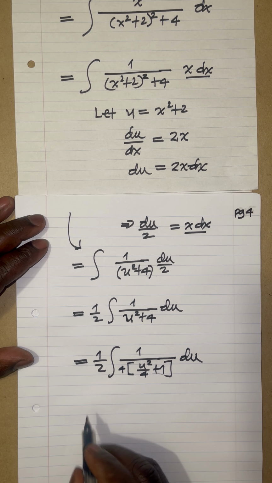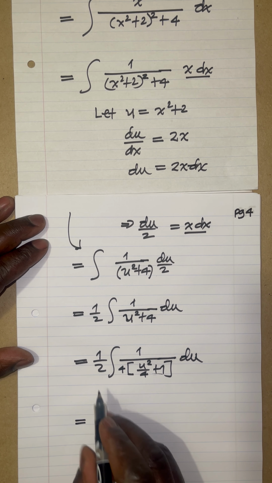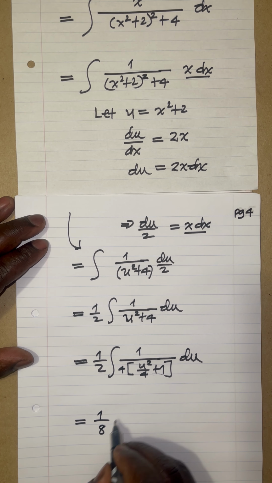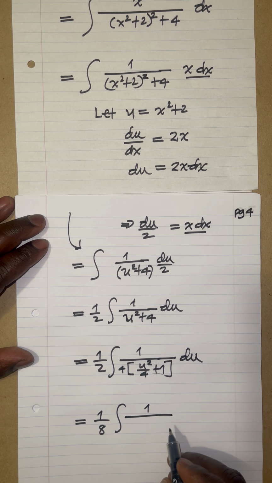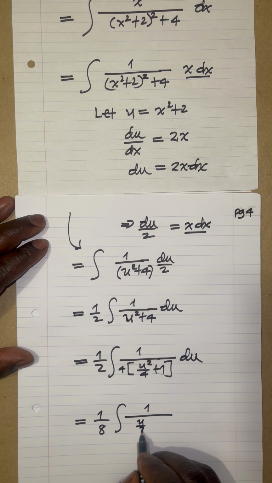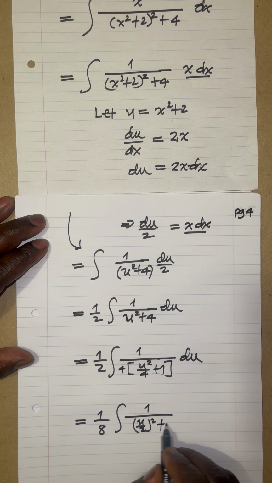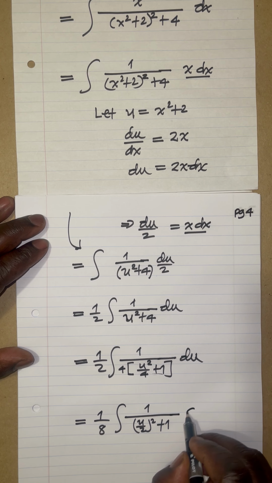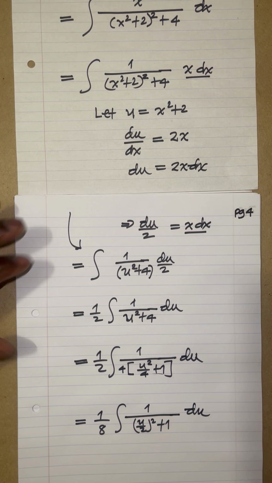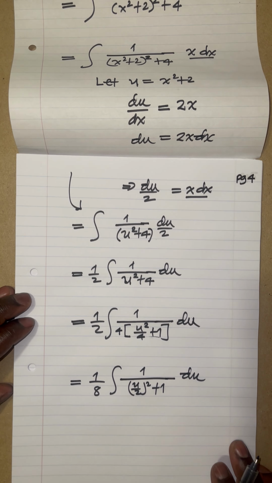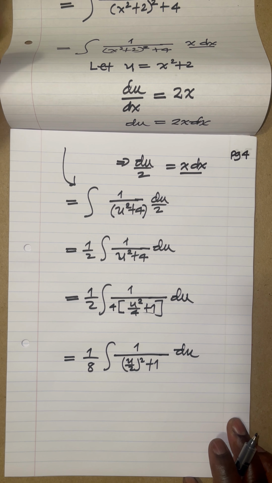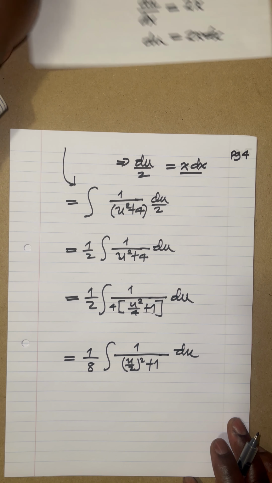Remember, 4 is dividing, so we'll have to multiply by 2. So 1 over 8, the integral of 1 over, check how I'm writing the denominator, u all over 2, and I'm going to put this in brackets, squared, plus 1, and then du. At this stage, tan substitution comes in, because now we're going to say, let me move this one up.